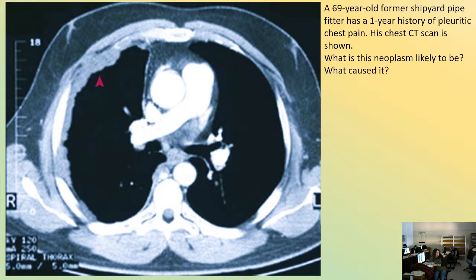So we have a problem here, because the mesothelioma can have an epithelioid or a sarcomatoid phenotype. If it has an epithelioid phenotype, the cells will look epithelial. So we have to make a differential diagnosis between the mesothelioma and an adenocarcinoma, either primary adenocarcinoma of the lung or a metastatic adenocarcinoma to the lung.